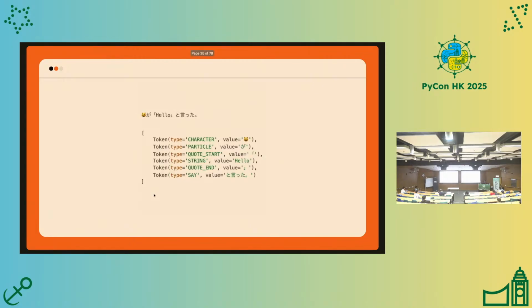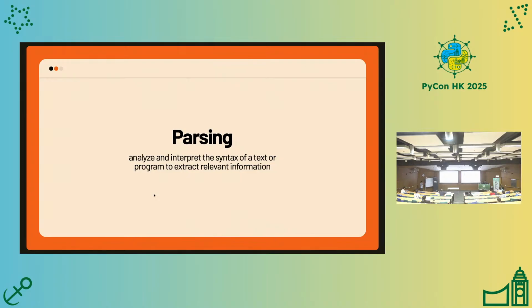For example, we have "cat is saying hello", so we break it down into token types. Cat is a character, we have particles, we have a string, and we have ita, which is a say token. With these tokens, we are going to make a parser that extracts relevant information.